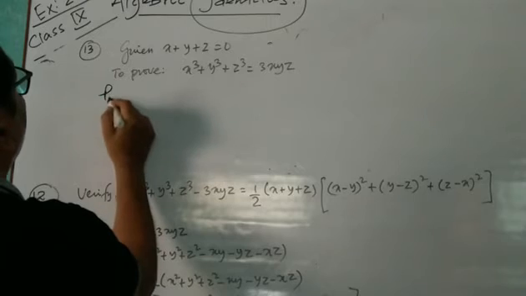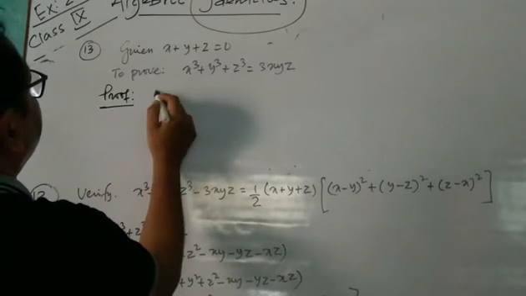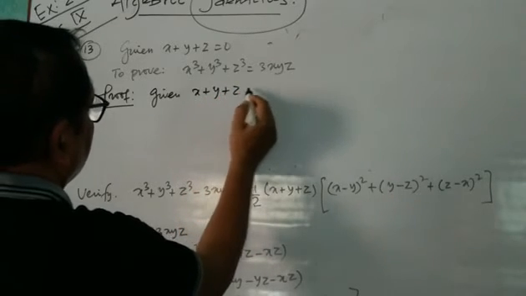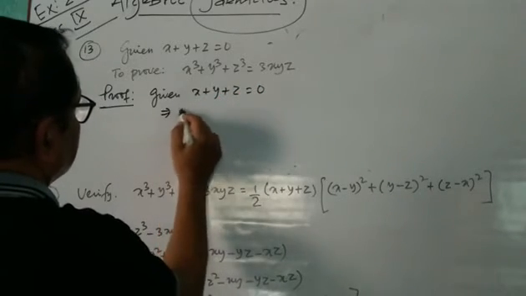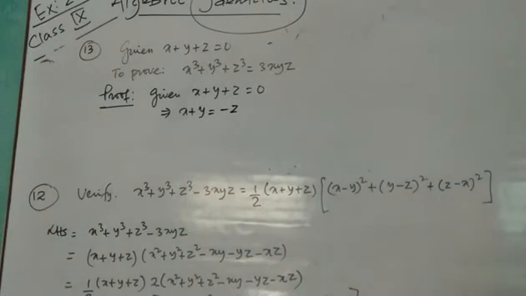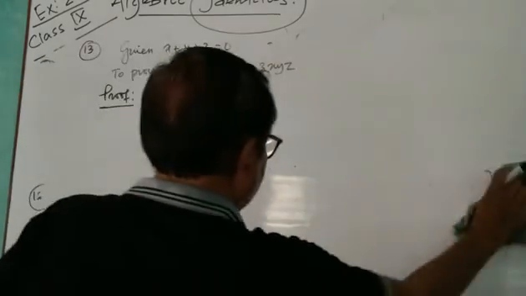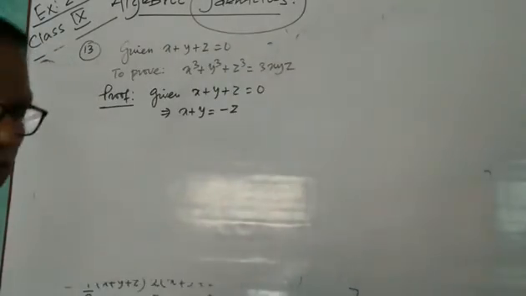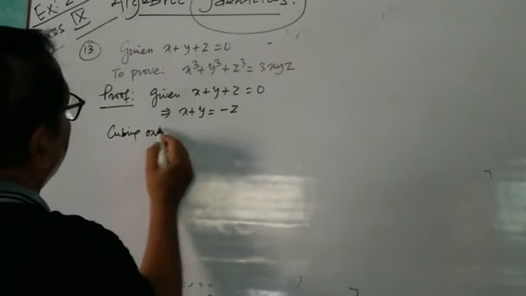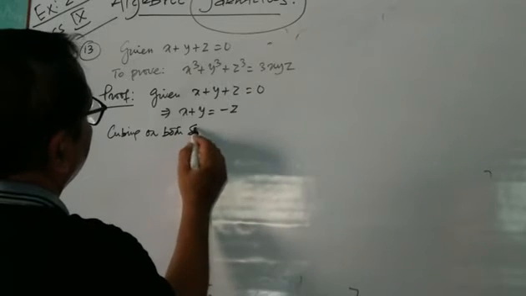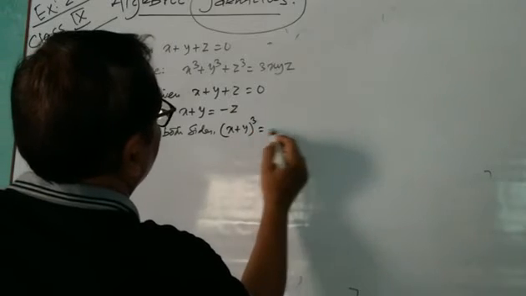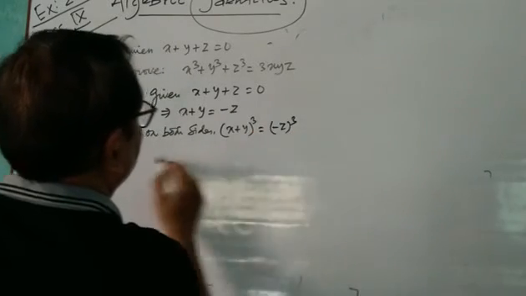Now, proof. How will we proceed? Given x plus y plus z equals 0, that gives us x plus y is equal to minus z. After this, you will see, cubing on both sides: (x plus y) whole cube equals (minus z) whole cube.